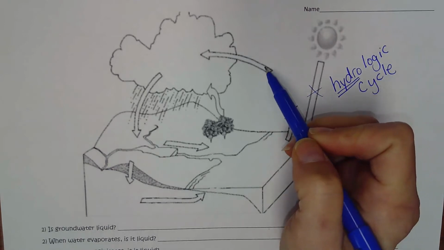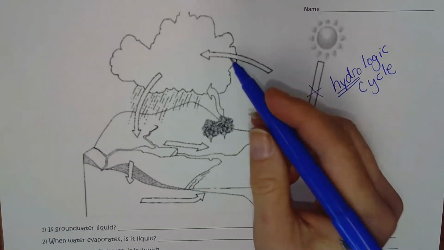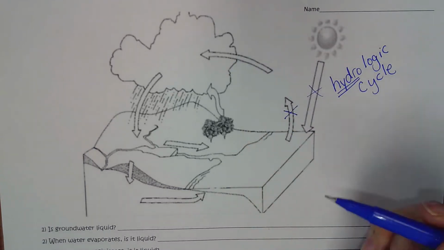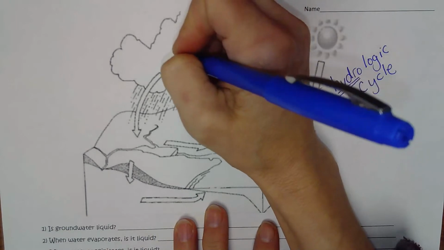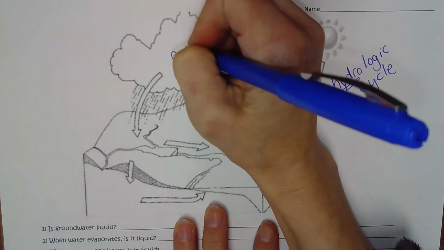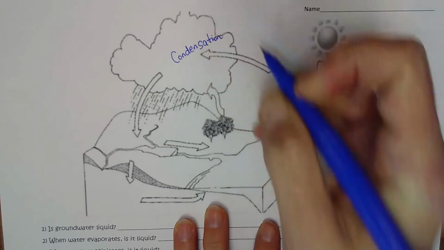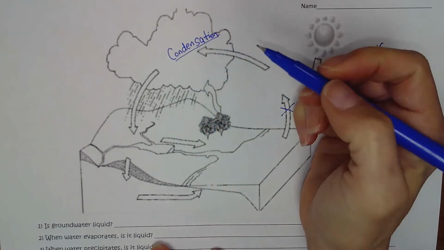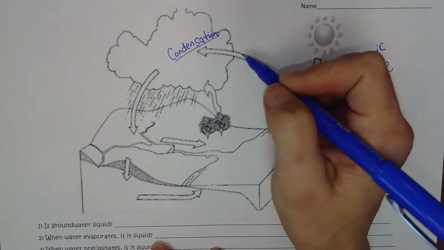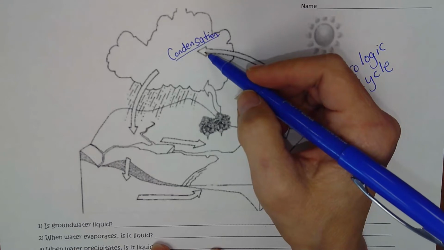If it's in the air going into a cloud, that is when it does become liquid. And so here is condensation. That is definitely liquid. It's when gas that you can't see turns into liquid that you can see.